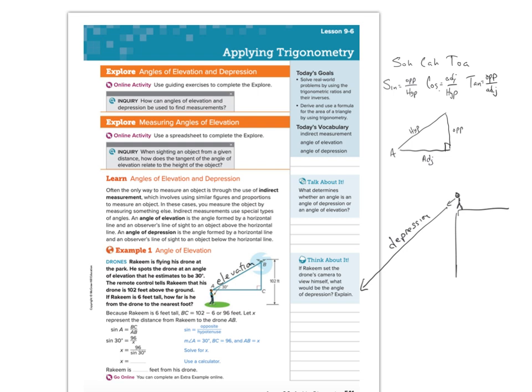And then understanding what that means if you consider your horizon. My horizon is this flat line. You have your ground, which is considered ideally a flat line. So your horizon and your ground are going to be parallel lines.